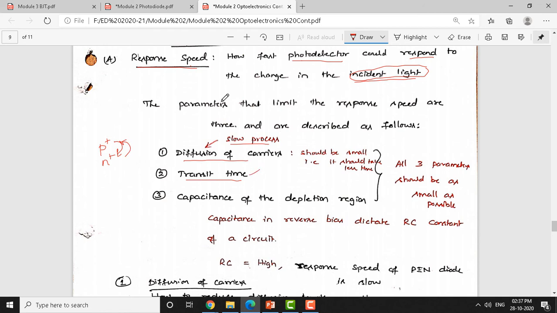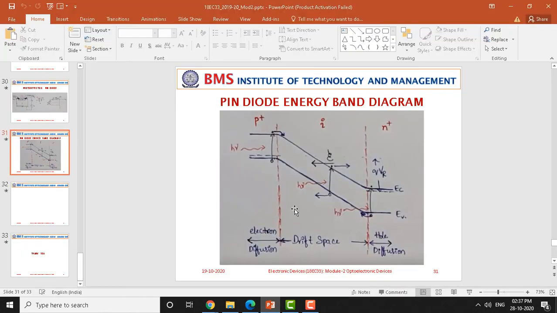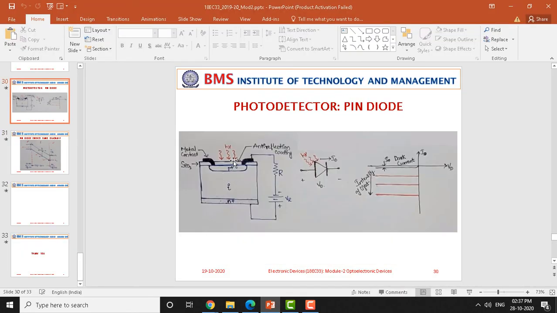So, this also limits the response speed here. Another factor which limits the response speed is the capacitance, the capacitance that is present in the depletion region. Now, go back to the structure of the pin diode. As I told you, this p plus region will act like one plate, and this n plus region will act like another plate.